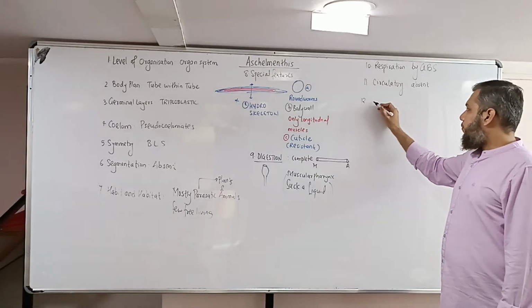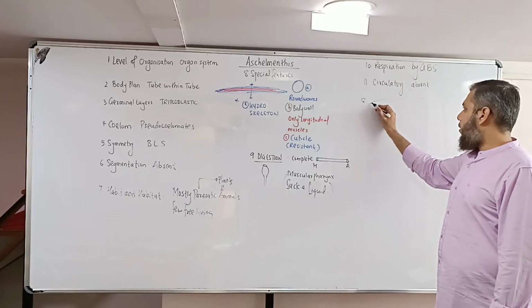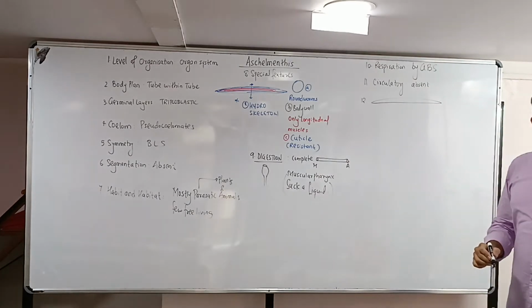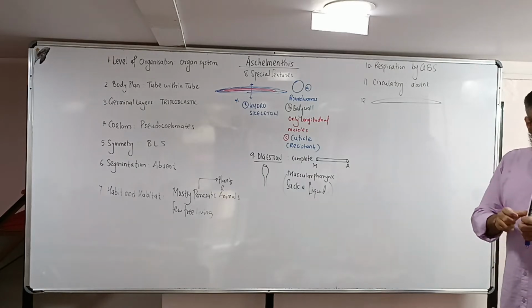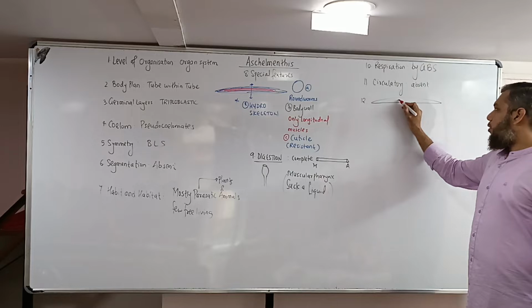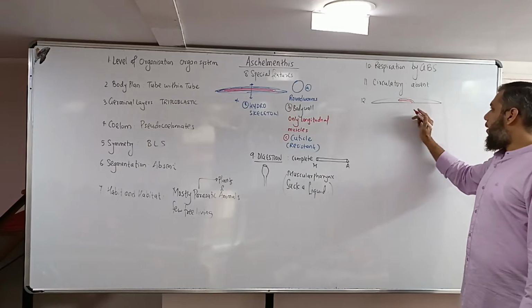Imagine, I am doing a little diagrammatic representation. Who is this? Ascaris. Then inside they show the presence of tubes. You see the red color tube I have drawn?